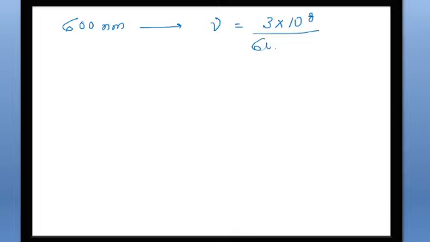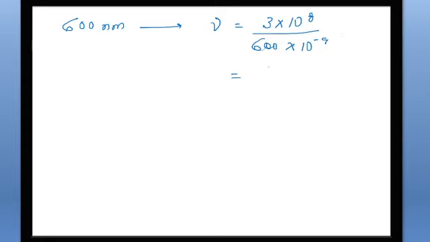For 600 nanometer wavelength, the corresponding frequency can be written as c by lambda, that is 3 into 10 to the power 8 upon 600 nanometer, that is 10 to the power minus 9.